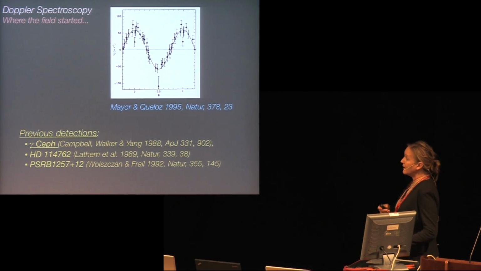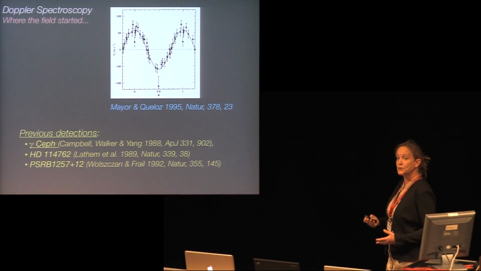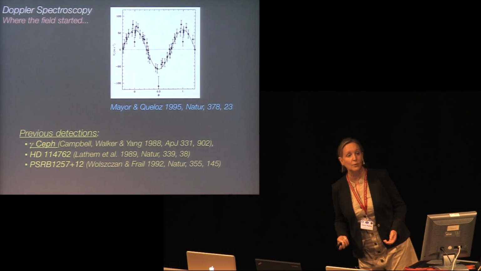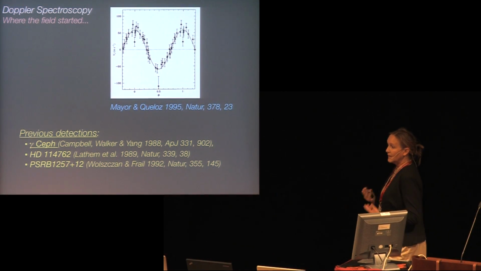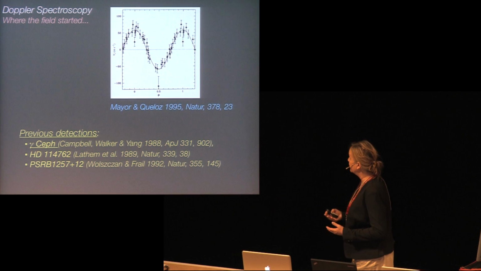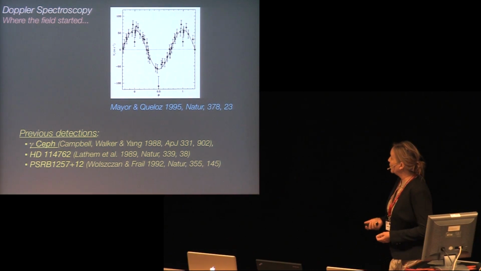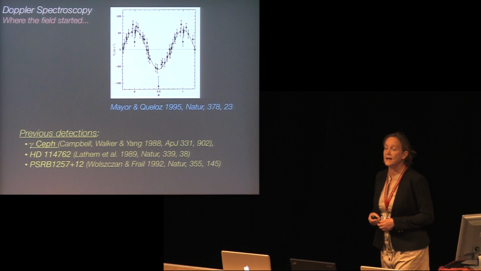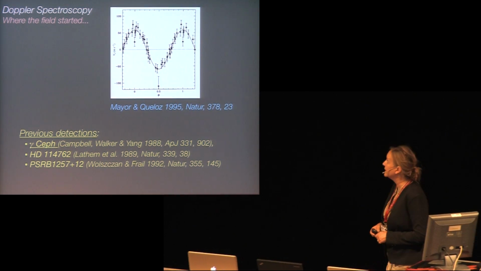It took a while for people to broadly accept that these Doppler measurements really were exoplanets, that they weren't just non-radial pulsations in the star or something else that we didn't understand. But once we accepted that 51 Peg was a planet, we could look back and realize that in fact the field had started a bit earlier.